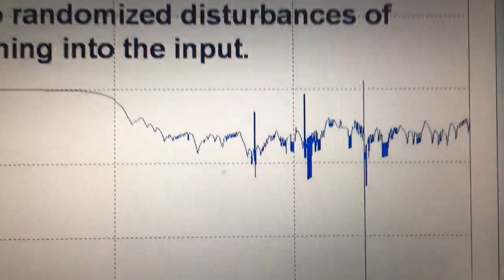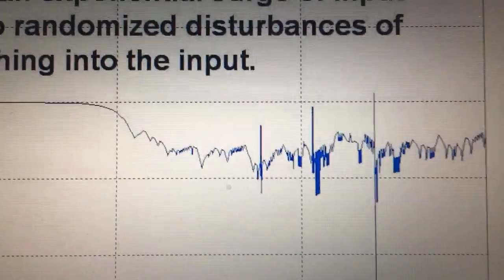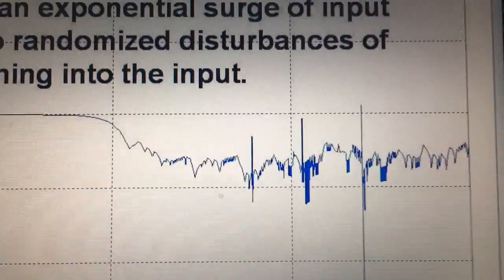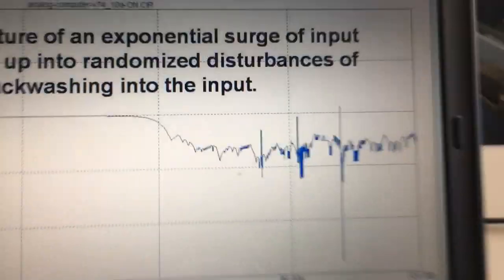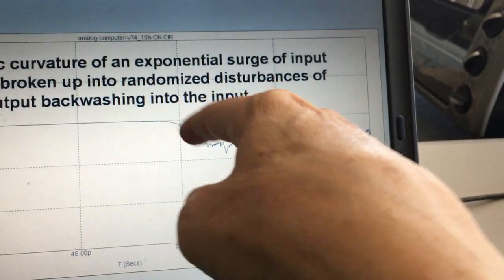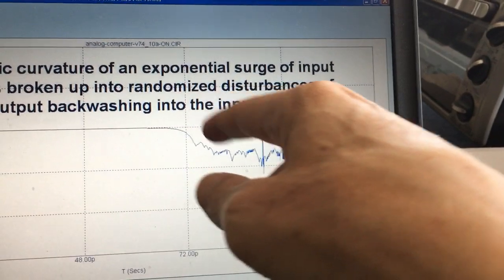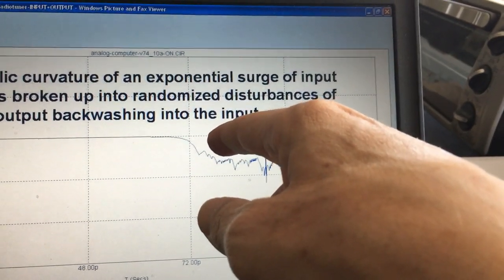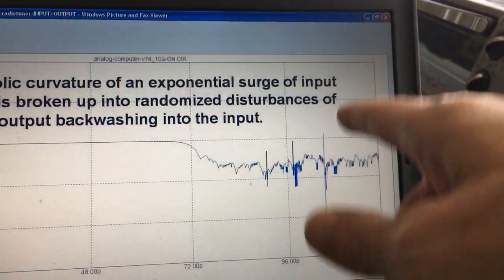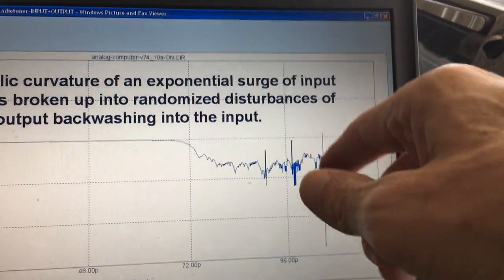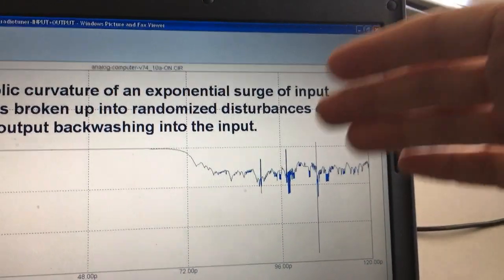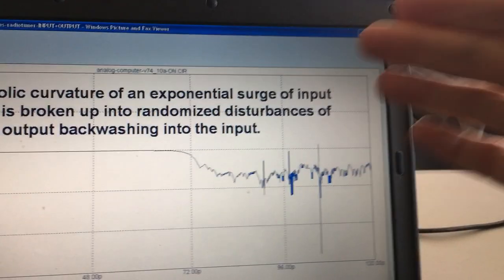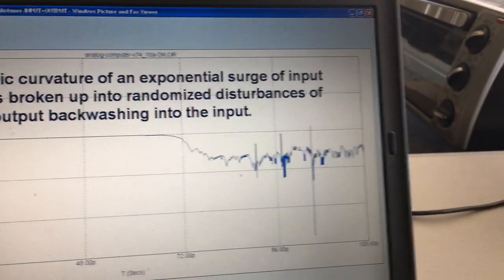This is up to, looks like, 120 picoseconds. Yeah. So the hyperbolic curvature of an exponential surge of input current is broken up into randomized disturbances of what we would like to think is chaotic output, or I should say buildup, within the circuit, backwashing back into the inputs.